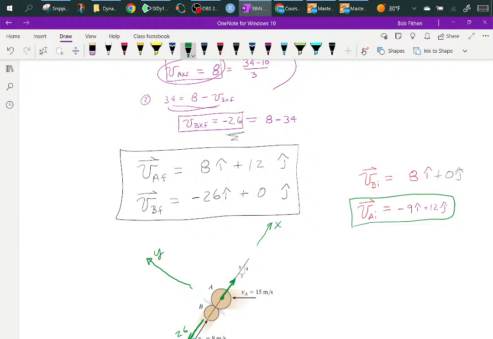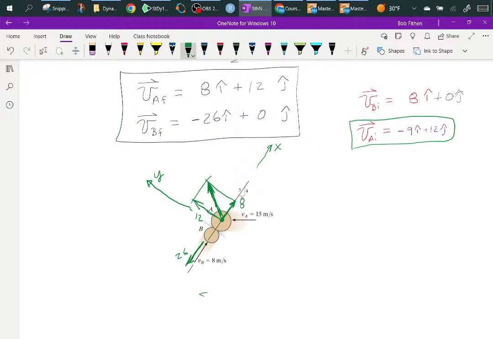I'm going to try my best to scale it. So here is 8, and my hand sticks to the desk here, so let's say that's about 12, and as a result, the velocity sort of bounces off in this direction.